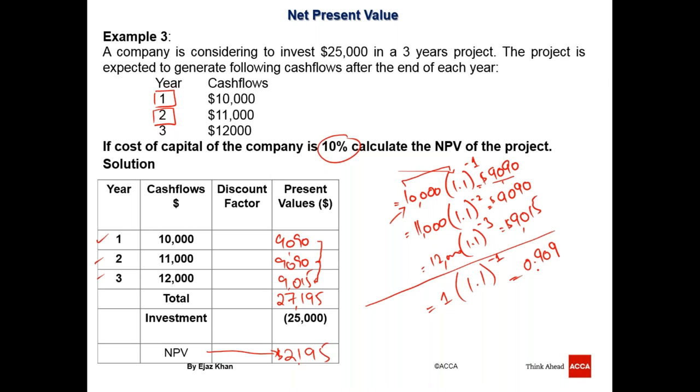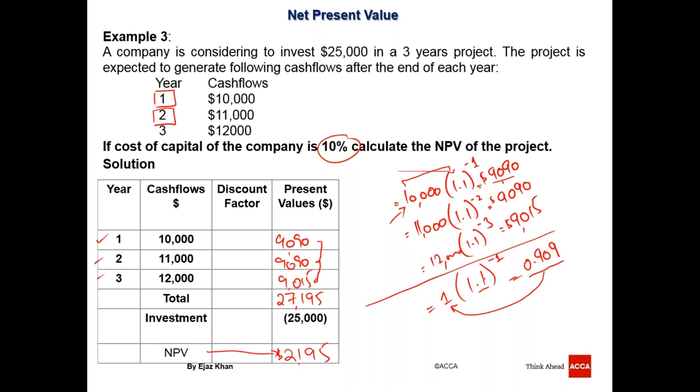0.909. What does this tell us? This $0.909 means that if a company wants to generate a return of 10%, it should invest $0.909 today against $1 to be received in 1 year's time.